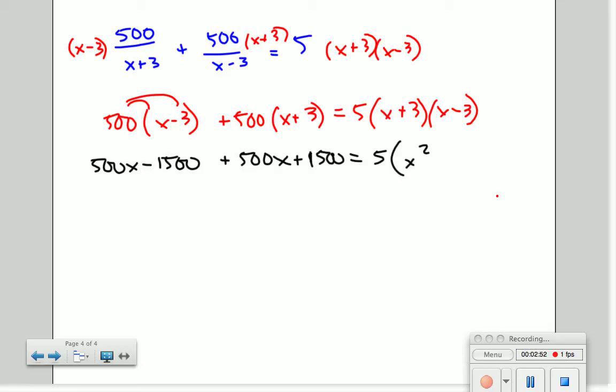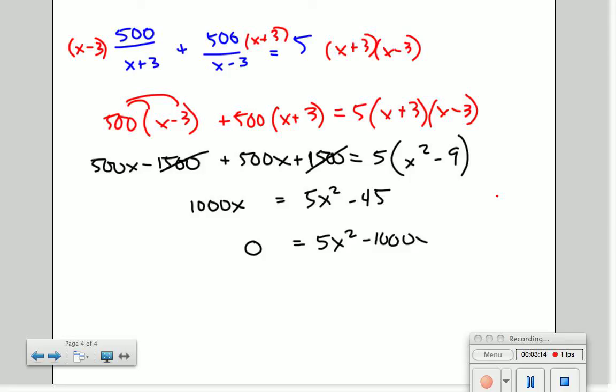These two cancel out, and these two add to give us 1000x equals 5x squared minus 45. So if we put everything on one side, we would have 0 equals 5x squared minus 1000x minus 45. Icky, but that's okay, it's a calculator problem.